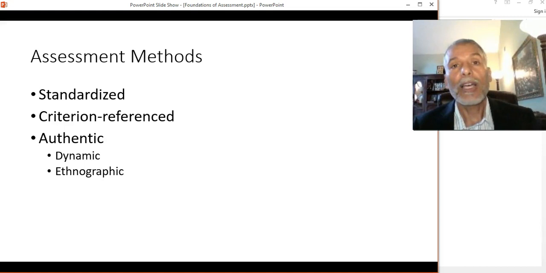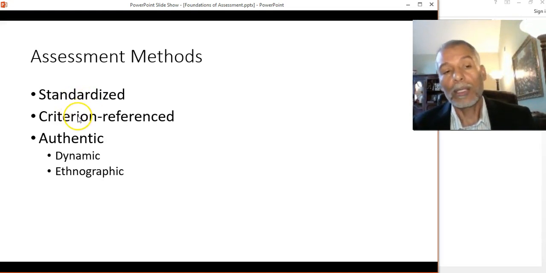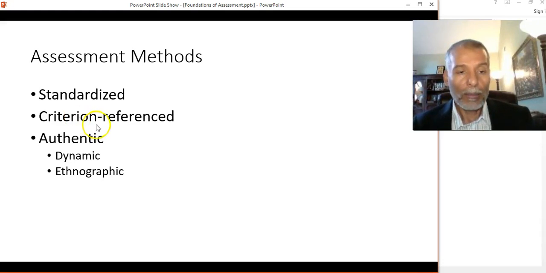Like I said, any evaluation should include both standardized and non-standardized, or both formal and informal methods, because the informal methods could be more revealing, as a matter of fact, than the standardized, or could be equally effective as the standardized or as the criterion referenced measures.